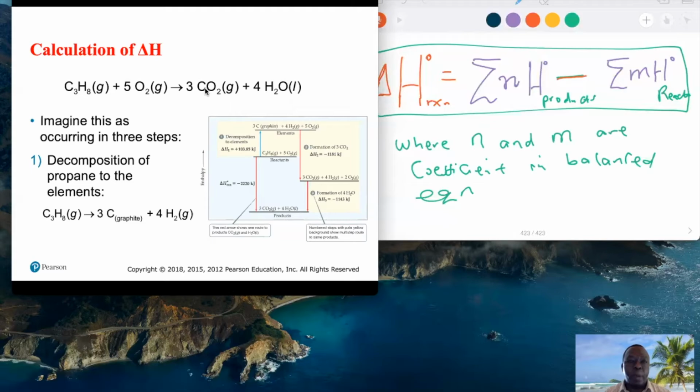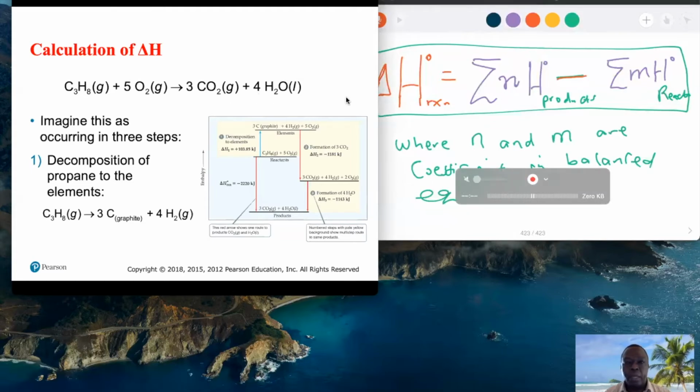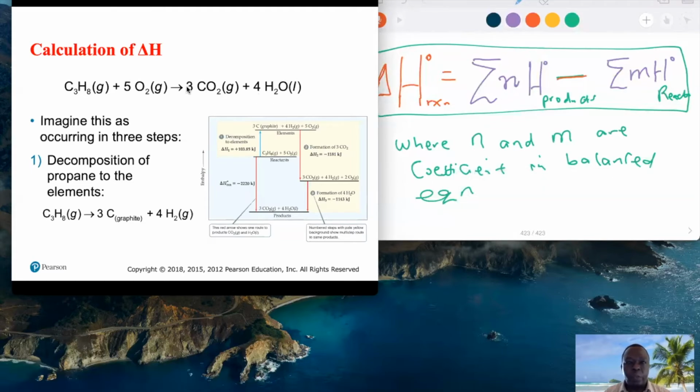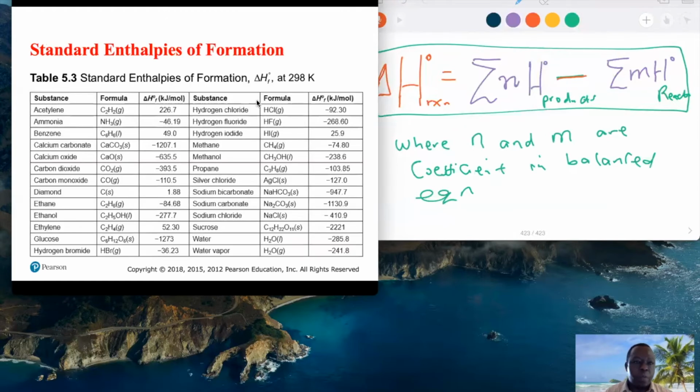If I look at the product minus reagent, I'm going to add this. n stands for the coefficient for CO2, times 3, for H2O, times 4. So if this was a homework assignment, I look for CO2 and liquid H2O. Please be careful with the physical state.